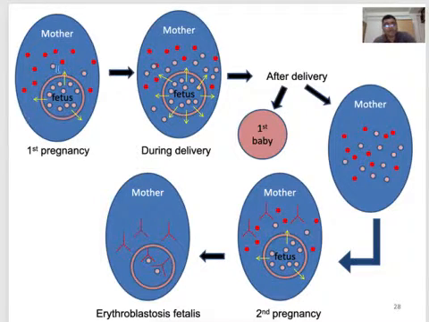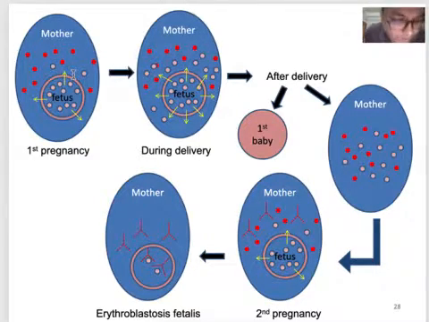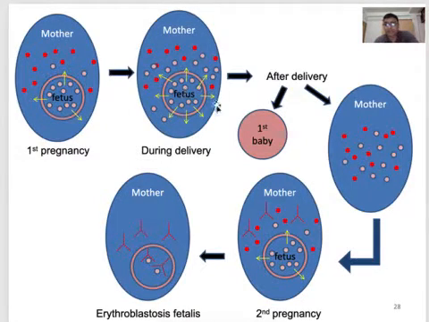Actually, the amount of antibody produced in the mother during the pregnancy is low, so it is not enough to cause significant hemolysis in the fetus. So the fetus during the first pregnancy is safe, but during delivery some more Rh positive antigen enters the mother's body, so more anti-Rh antibody is produced, and it persists.